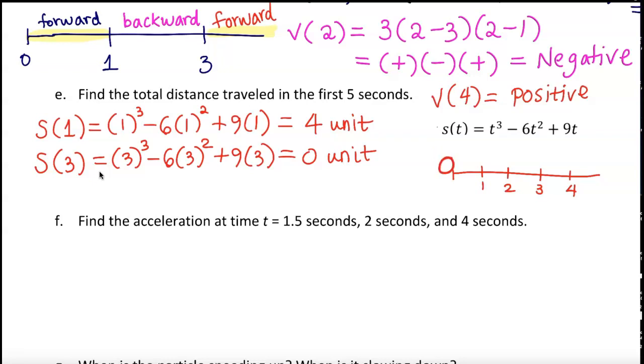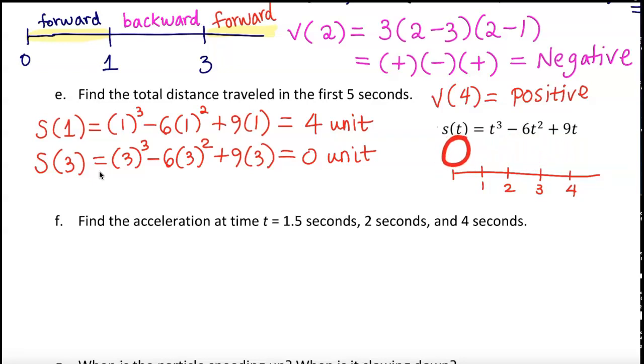Okay, there you go, it's moving. So really fast, in the first second, it went to the 4. And it's hanging out right here. But in between second 1 and 3, he went backward to 0. That's what happened. Really fast, it went forward. And in between 1 second and 3 seconds, it went back to 0 units.